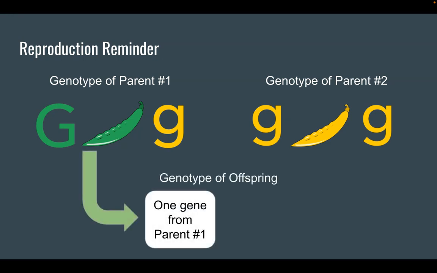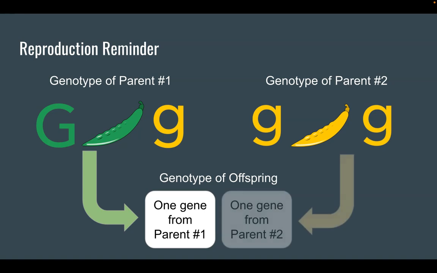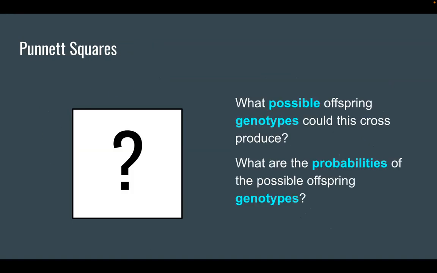Again, it's important to remember that one gene in the offspring will come from parent 1, and one gene in the offspring will come from parent 2. We don't know which gene is going to be passed on. That's part of the randomness of reproduction, but we can use a Punnett square to figure out what genotypes are possible and what the probability of those genotypes is.